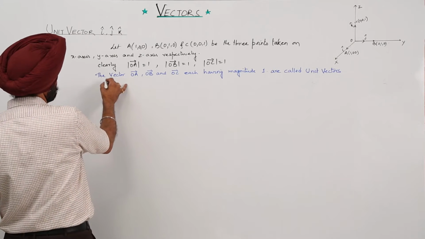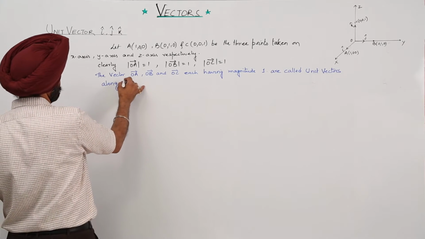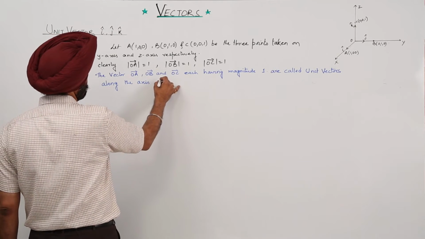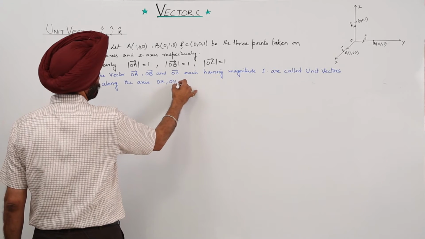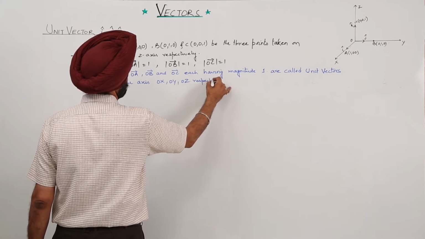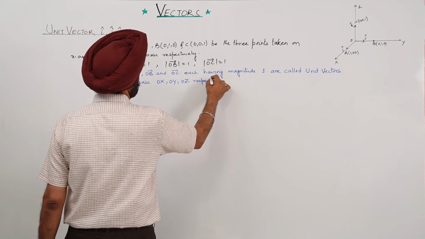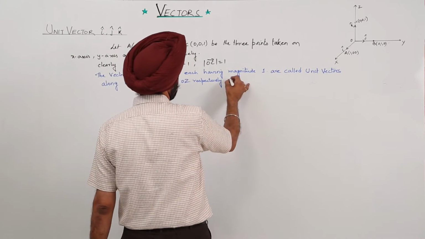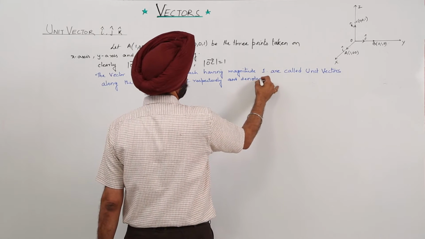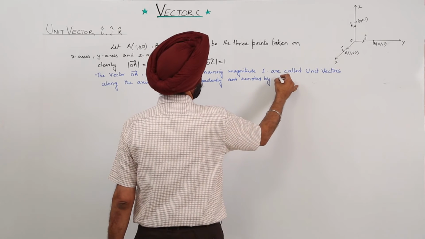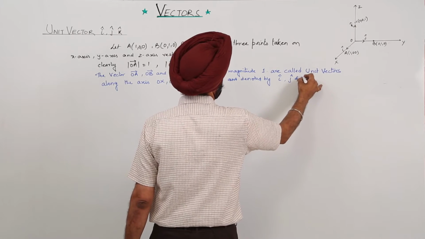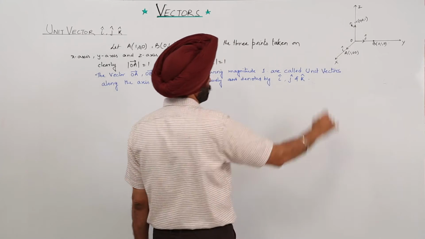Along the axes OX, OY, OZ respectively, and denoted by i cap, j cap and k cap.